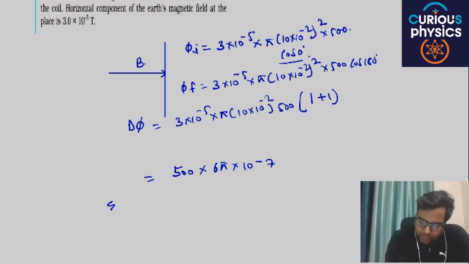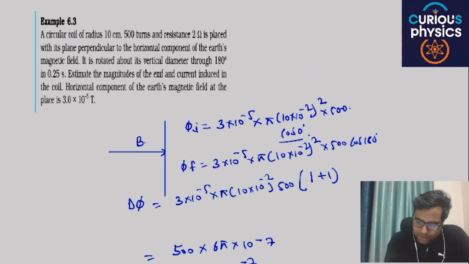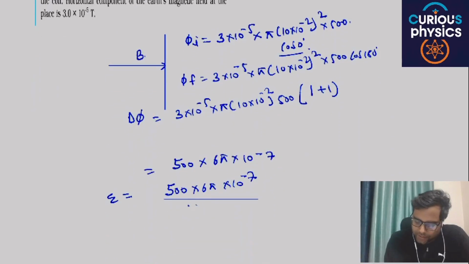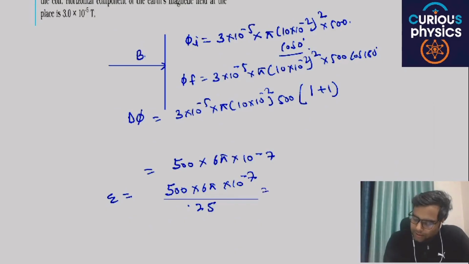Then the induced EMF is nothing but the change in magnetic flux divided by time: 500 into 6 pi into 10 raised to power minus 7 divided by time, and time is given as 0.25 seconds. We have just used Faraday's law, and this will come out to be 3.8 into 10 raised to power minus 3 volt.